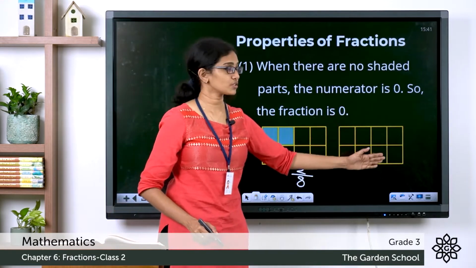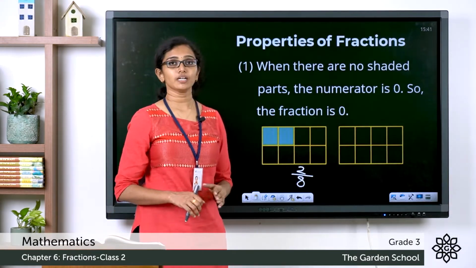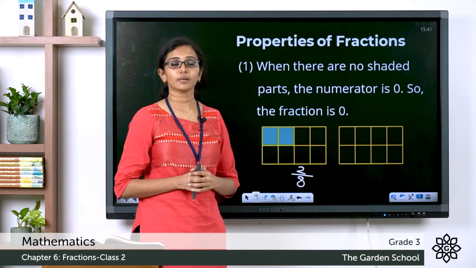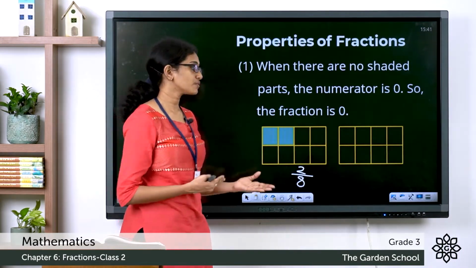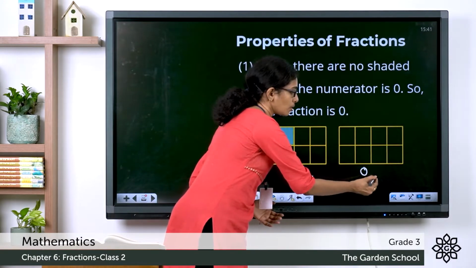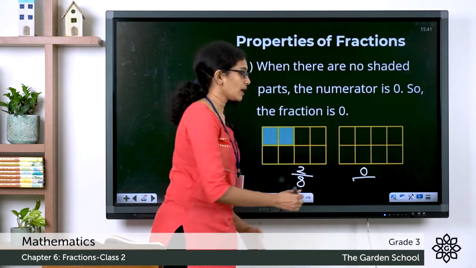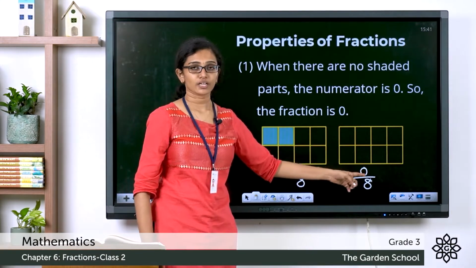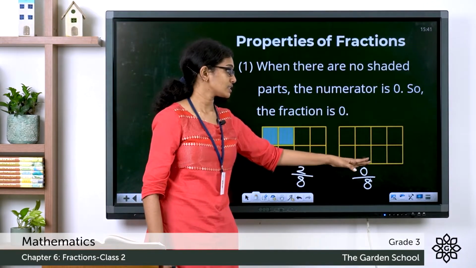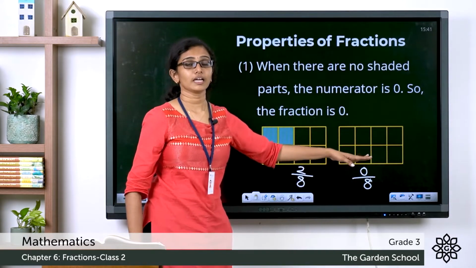What about the second picture? You can see 8 equal parts, but there is no shaded part. So what is the number of shaded parts? Number of shaded parts is equal to 0, and the total number of parts is equal to 8. So in this case, when you write the fraction of the shaded part, it is 0 by 8. The numerator is 0.